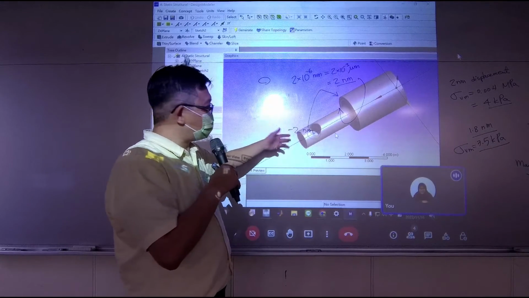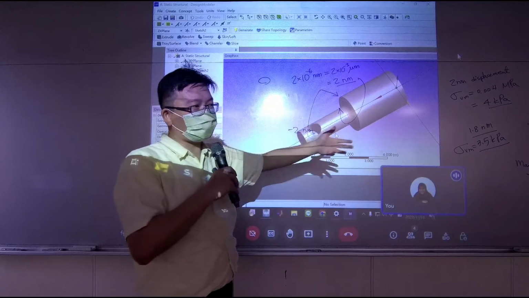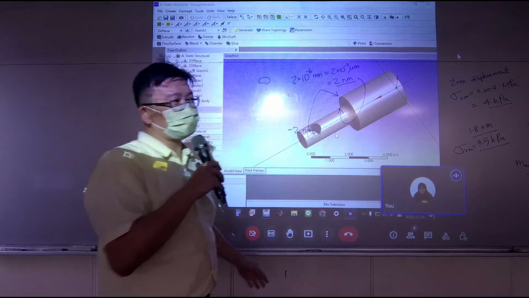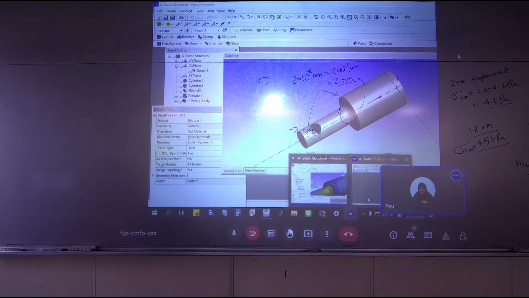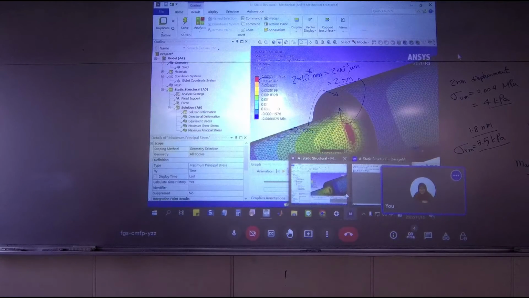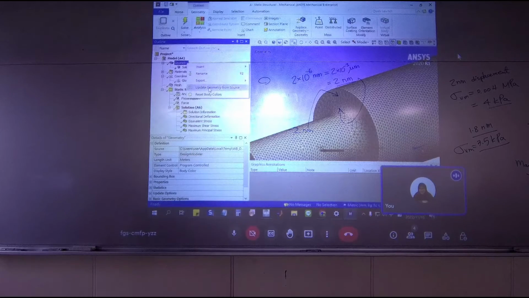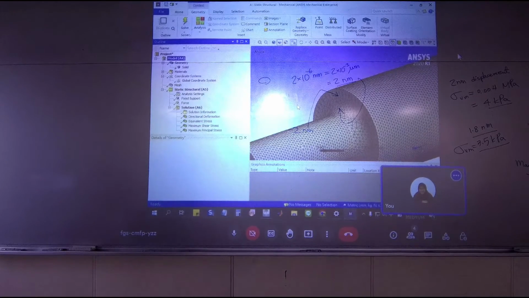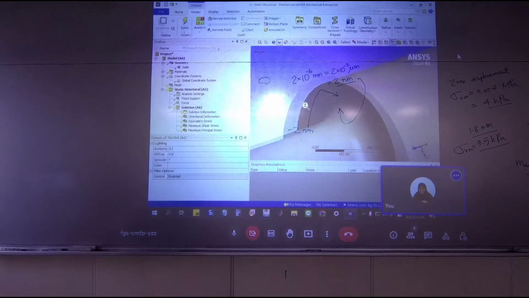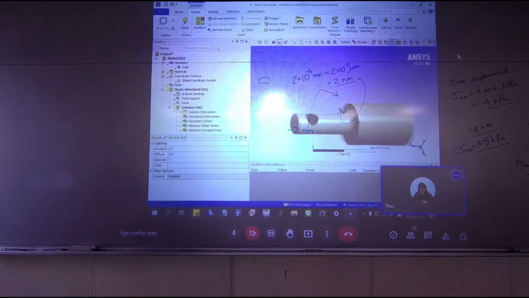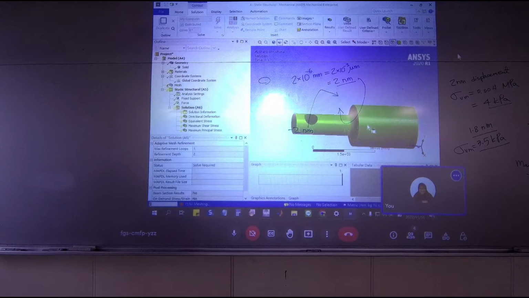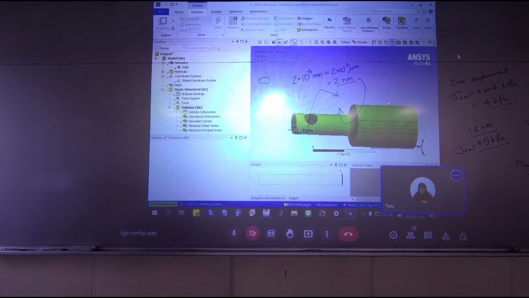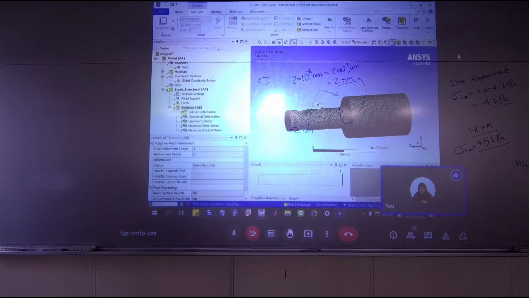You will realize a structure like this will be weakened a lot. Okay, let's go back to analysis. Let's solve everything with the same parameters. And let's now take a look at deformation.